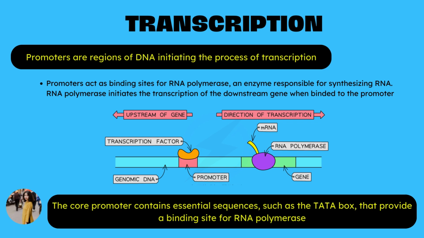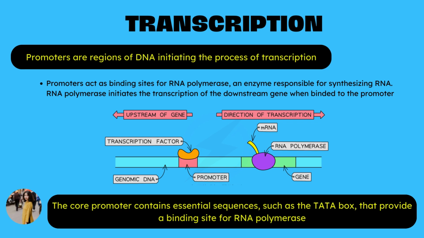RNA polymerase will initiate the transcription of the downstream gene when bound to the promoter. The choice of promoter influences how tightly or loosely the modified gene is regulated. Strong promoters lead to high expression, while weak promoters lead to lower expression.